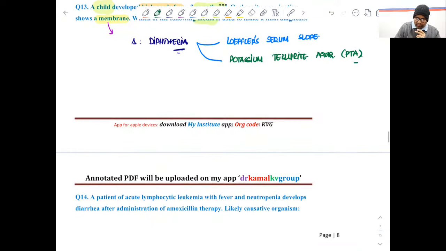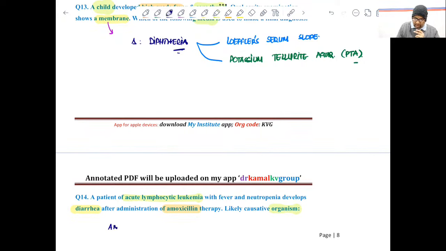Then a patient of acute lymphocytic leukemia is having fever, neutropenia, and was given antibiotic. Now, after giving antibiotic, he developed diarrhea. Now, which organism is responsible here?